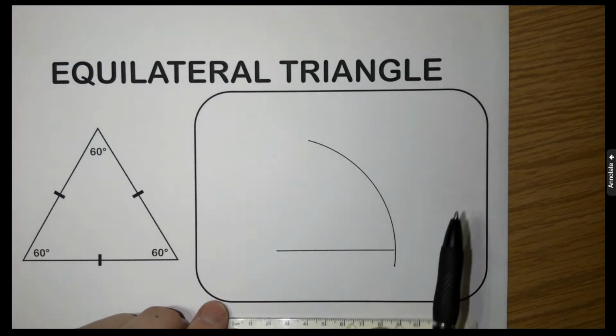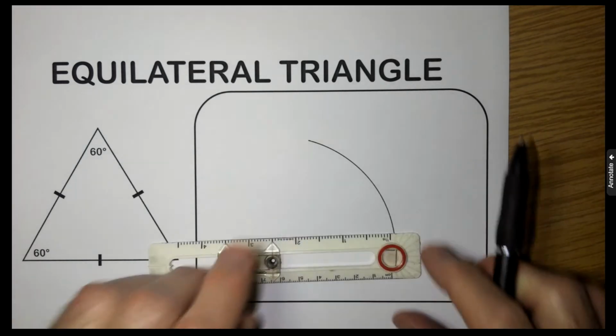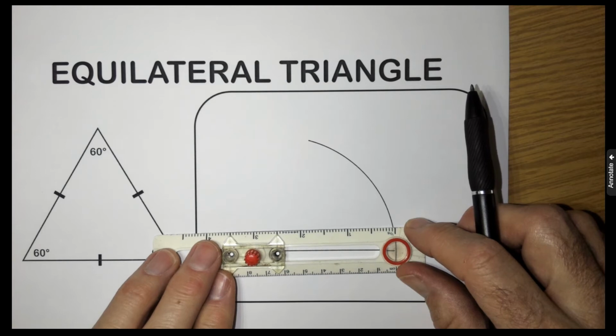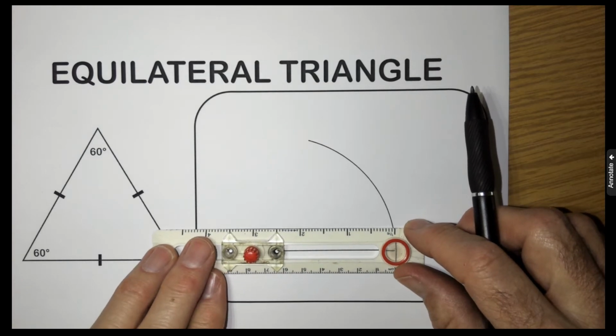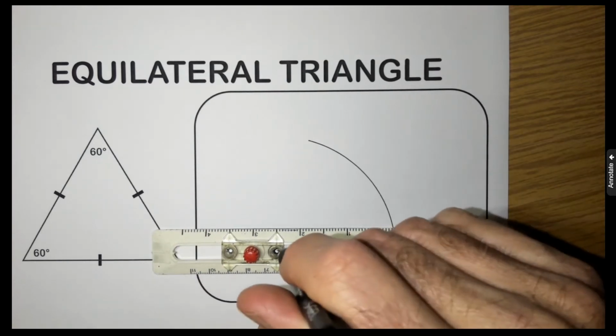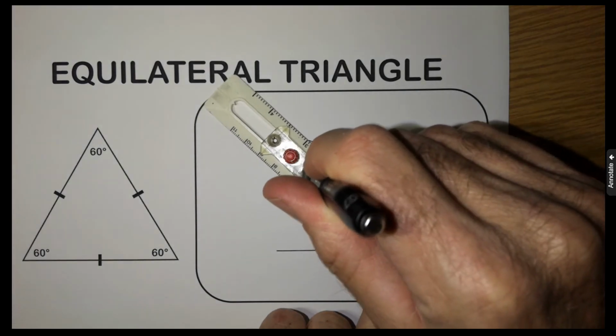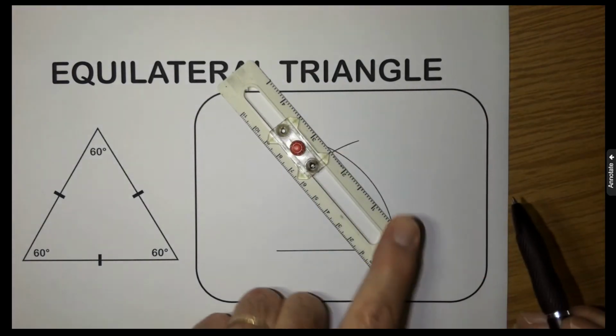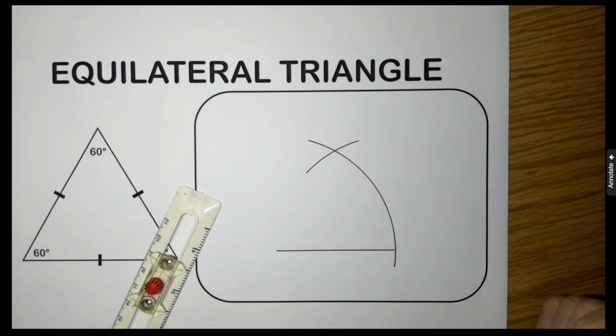Then without changing the radius of my compass, I line it up on the opposite endpoint of my line segment, and the only thing I need is an X at the top that shows me where my vertex is.